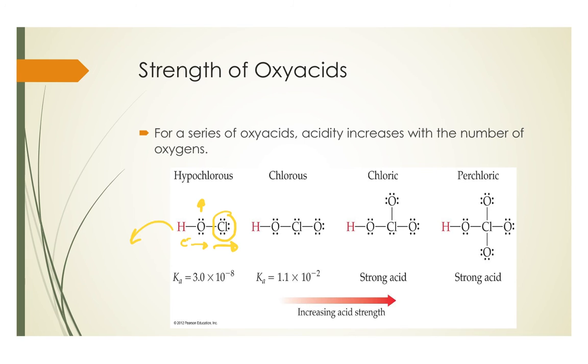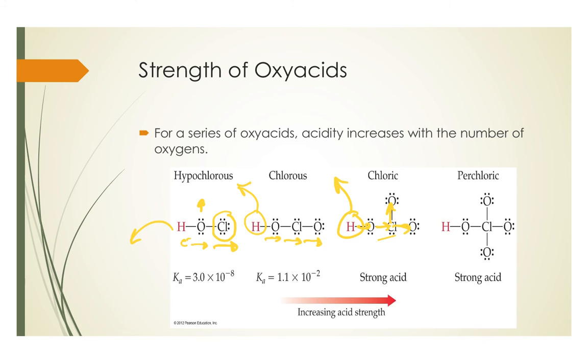Now if we start adding more oxygens to this, we've got an oxygen here that's already pulling electrons, we've got a chlorine that's pulling electrons, we've got an oxygen that's pulling electrons now attached to this chlorous acid, and so that gets even easier for that hydrogen to go off. If I add another oxygen to the chlorine, now we've got electrons pulling here, here, here, and here. That's a whole lot of electron charge being pulled away from this hydrogen, making it easier to go away.